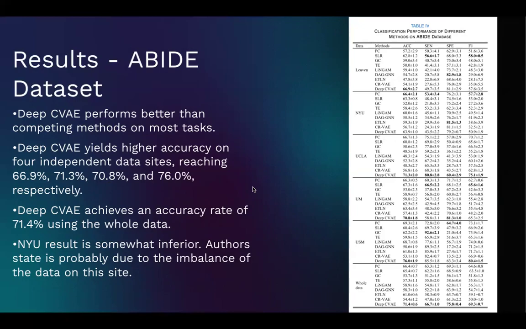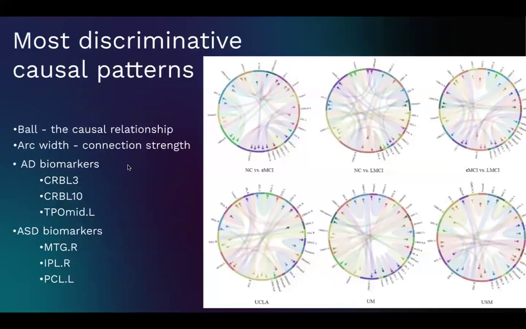However, they were having some weird results on the NYU site. They think maybe it's because of some kind of an imbalance of the data on the site. But they're still yielding this higher accuracy on these 4 independent data sites.